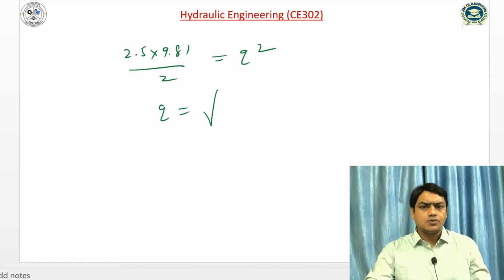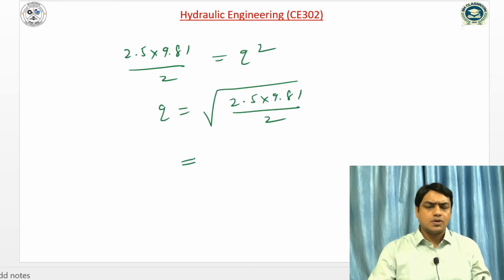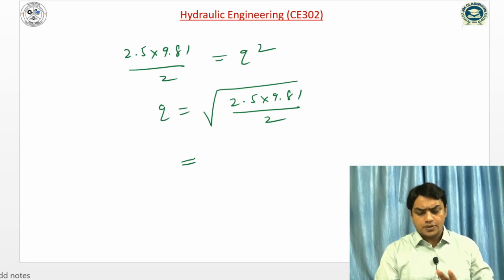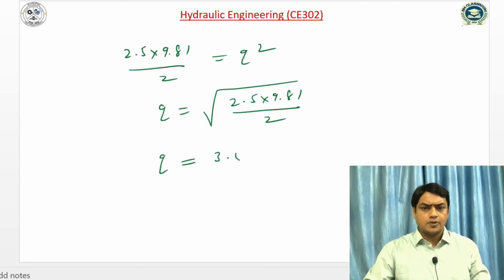So q is equal to square root of 2.5 into 9.81 divided by 2. So it will be 3.5. So small q is equal to 3.5 meter cube per second per meter width.